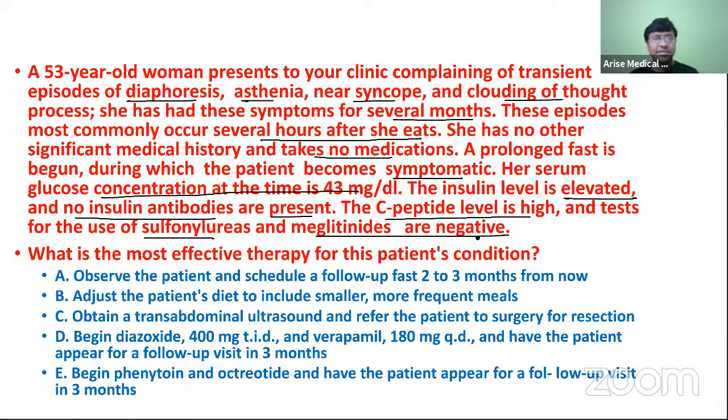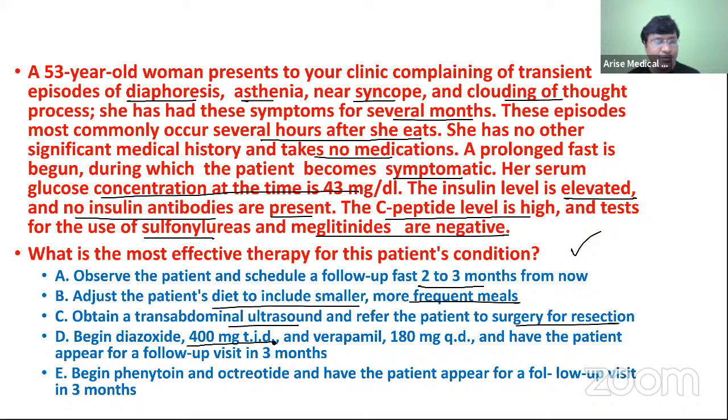What is the most effective therapy for this patient? Observe the patient and schedule a follow-up fast 2 to 3 months from now. Adjust the patient's diet to include smaller, more frequent meals. Obtain a transabdominal ultrasound and refer the patient to surgery for resection.